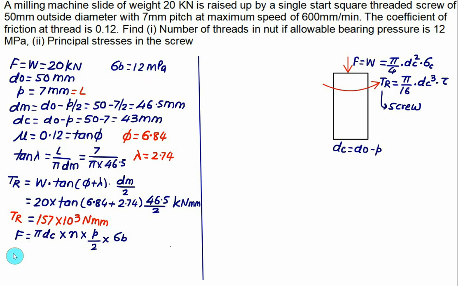So we have 20,000 equal to pi times 43 times the number of threads, which we have to find out, into 7 divided by 2 multiplied by 12. Solve this, you will get the value of n as 3.525, approximately equal to 4.